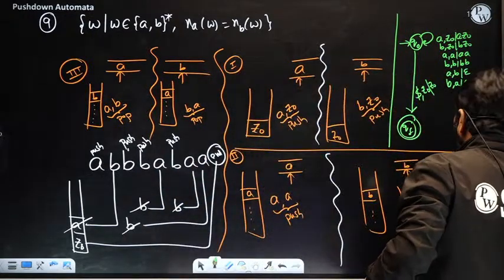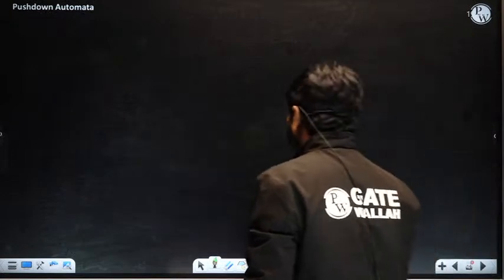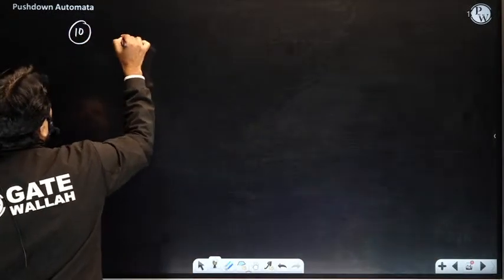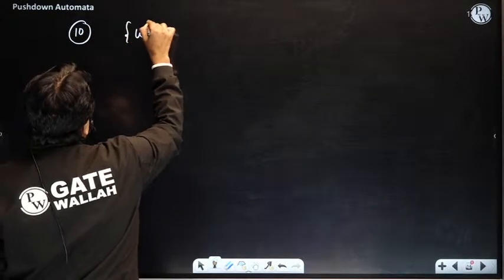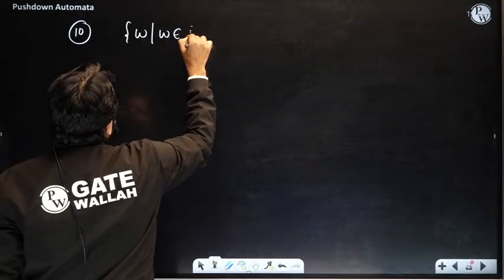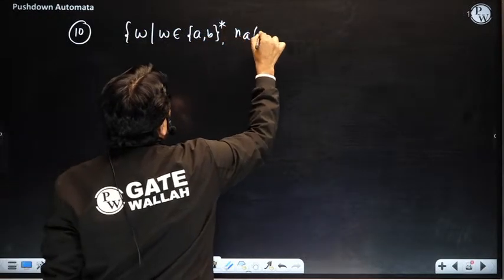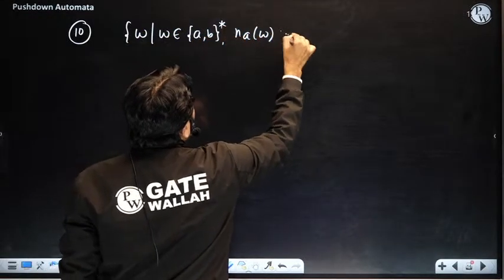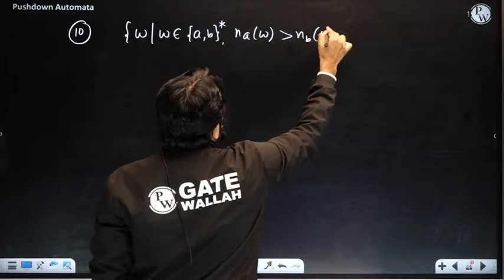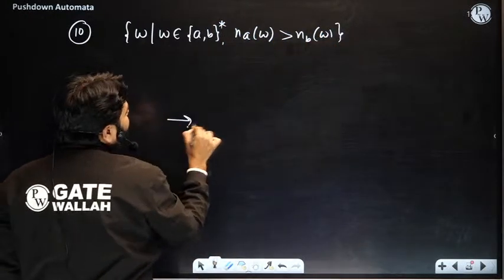So now look at the 10th one. How easy that problem is. What is the 10th one? Number of A's of W greater than number of B's. It means there is no change in the machine.